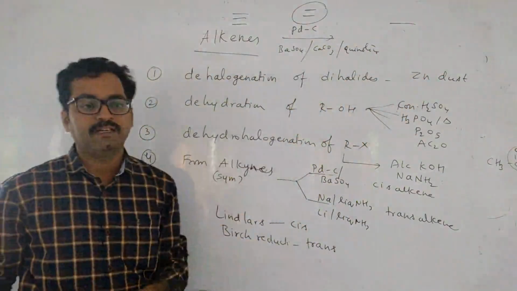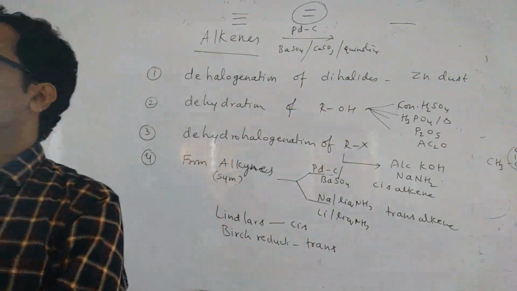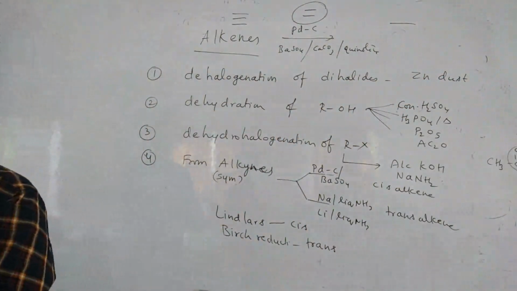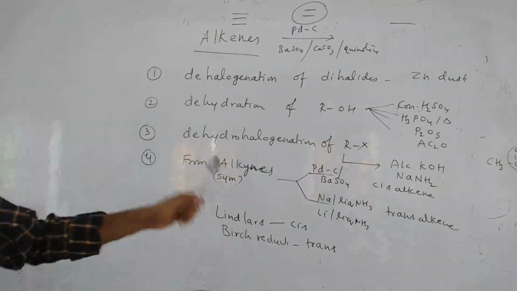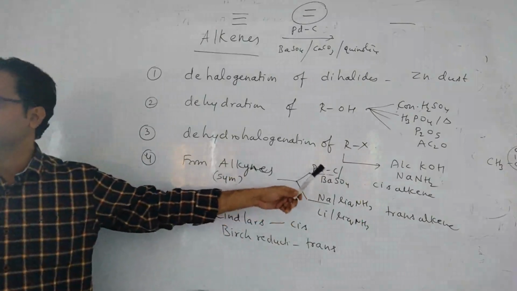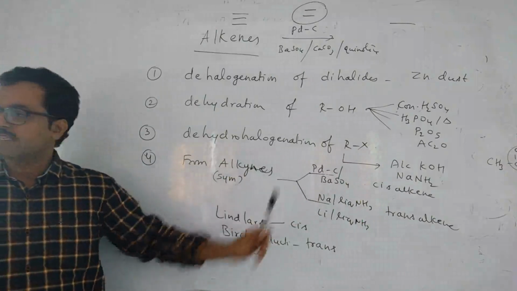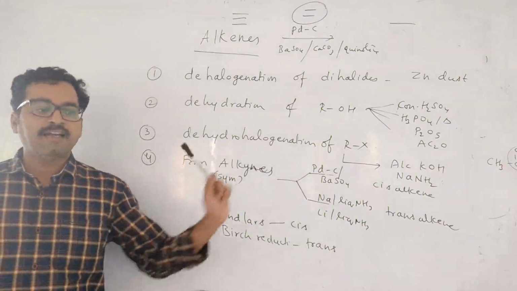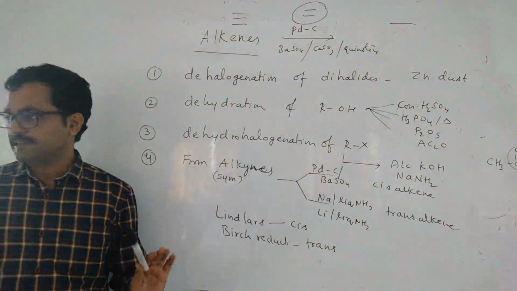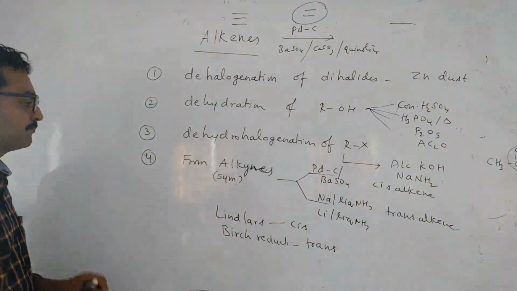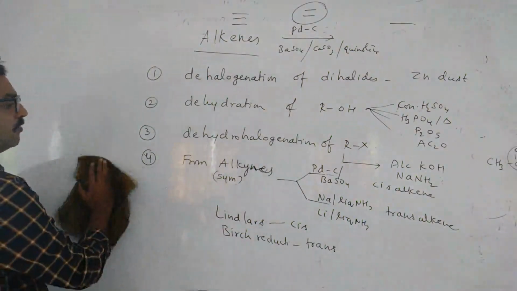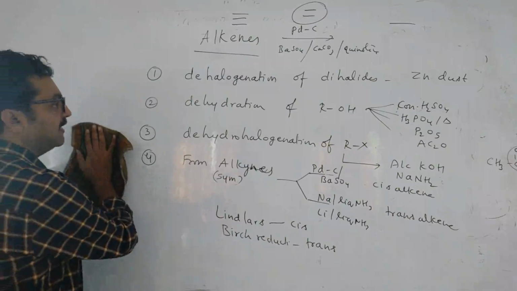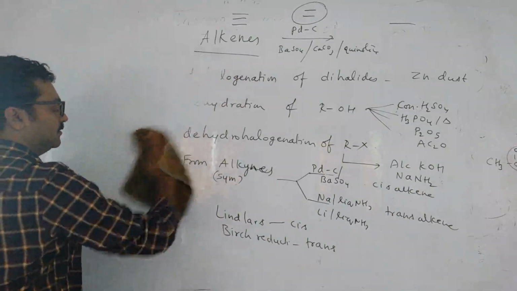If you use this, the catalytic activity will be diminished. Tomorrow I will ask again, what is the purpose of BaSO4? It acts like a catalytic poison and it is for controlled reduction. Now clear? Right. So we will see now one by one the reactions in detail and what the results are.